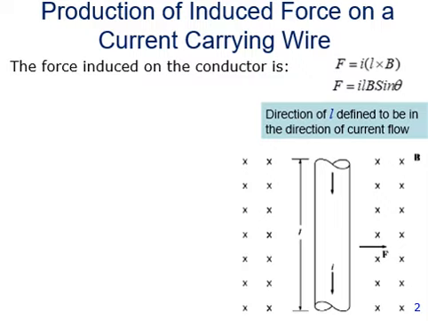which is going into the page in this slide. So if we find the cross product of L and B, the formula will simplify as ILB sine theta, and the direction of L is defined to be in the direction of current flow.